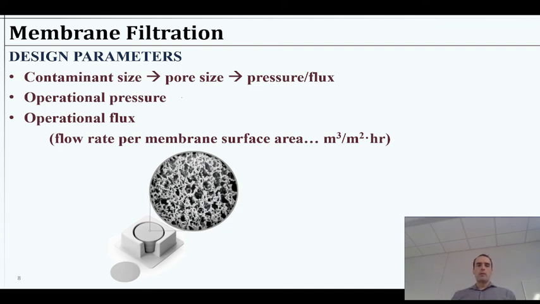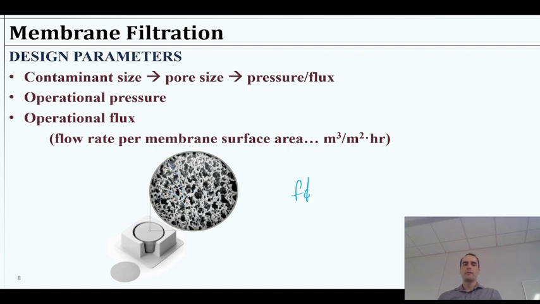Both aspects are going to be important in terms of knowing how much water we get out of it. Like we talked about with the granular filtration, even if it's a membrane filter, whatever it is, we're going to have some flux through a surface area. So that same concept is coming back.